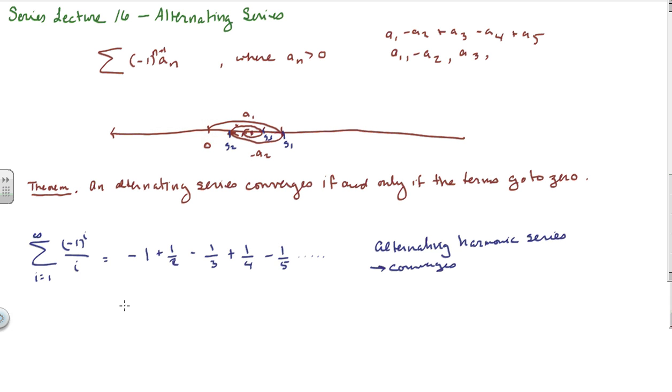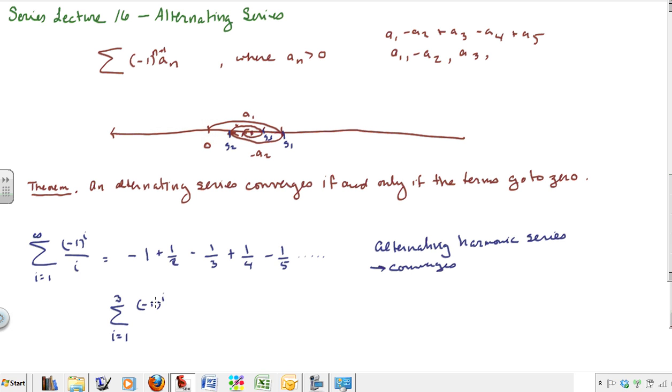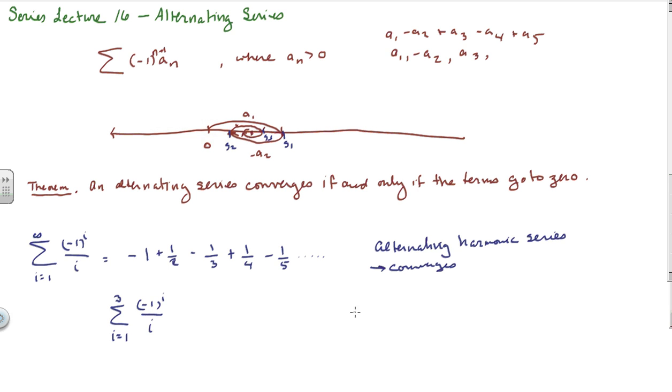Like, for instance, let's not go too far out: the sum from 1 to 3 of -1 to the i over i, and from 1 to 4. My sum, what it converges to, is going to be between these two things.